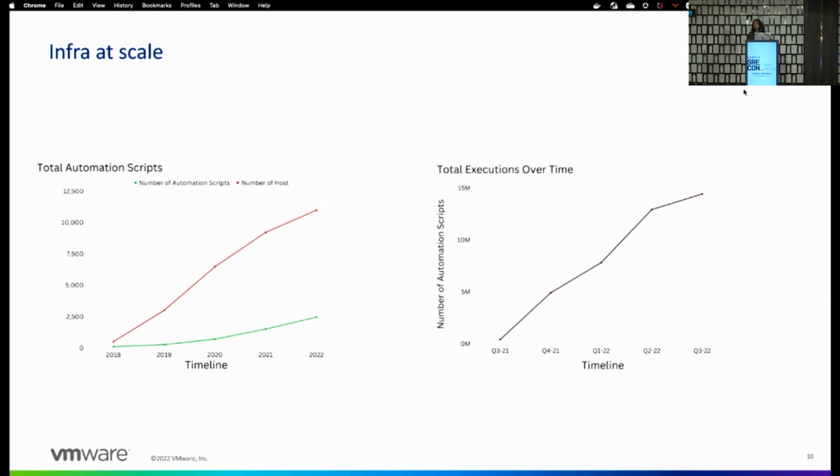That means each of these executions is accounted for as a part of an incident response or an automation, may it be an upgrade process or a troubleshooting process, anything at all.